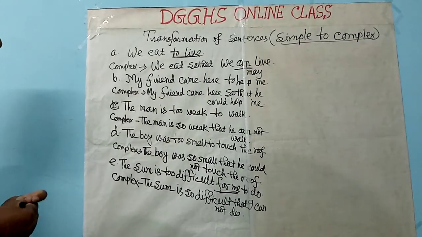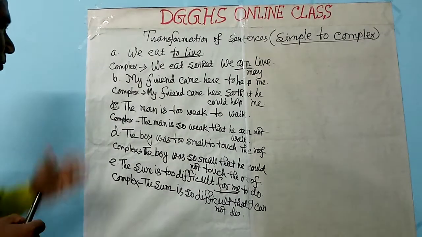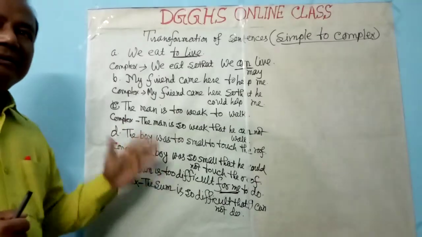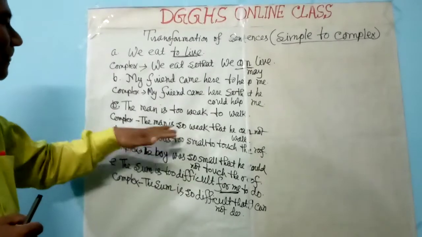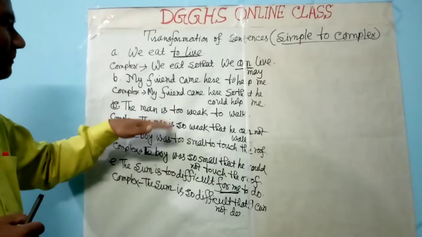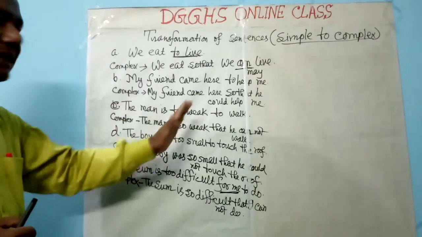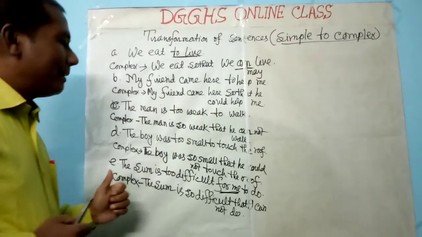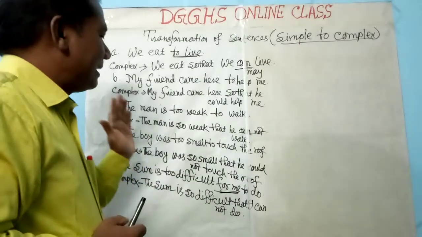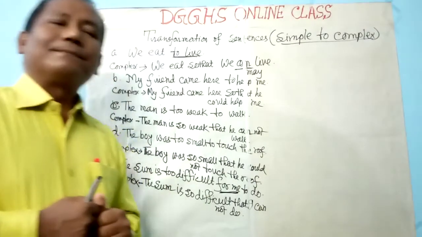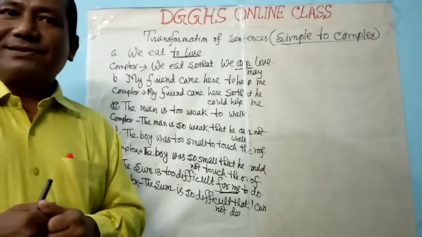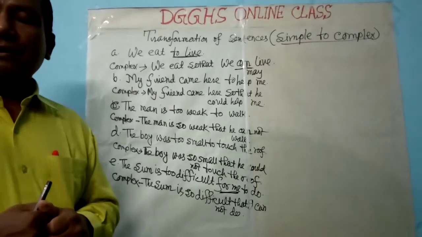The sum is so difficult that I cannot do. Dear students, you see here the sentences 2 dot dot 2 all are in active sense. But if it is in passive sense, then what would be the subject?